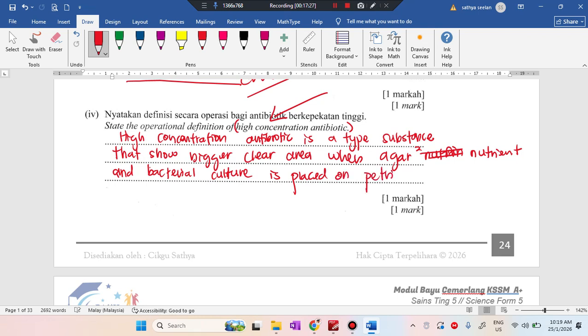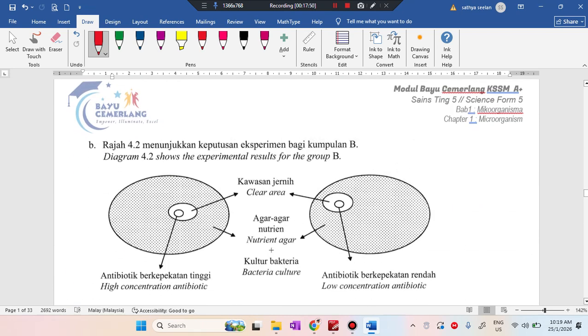Yes, placed on petri dish. Kalau dia bagi timing and left for how many minutes or how many days, like that, can, right? You must try. Keep on trying. You buy your workbook and then you will find similar kind of questions only. So you will know lah how to answer that. So operational definition, you train banyak, you boleh buat. Tak ada masalah.